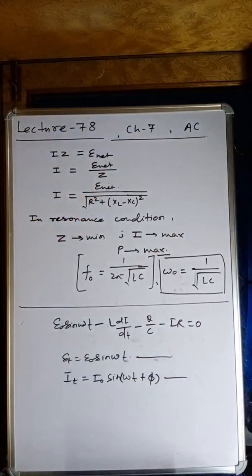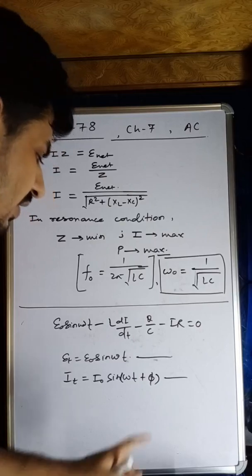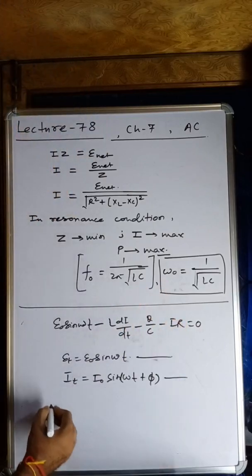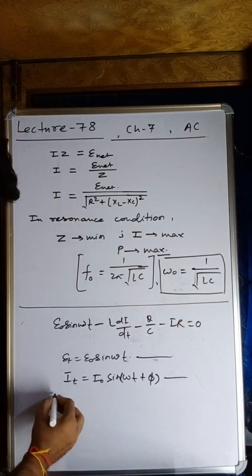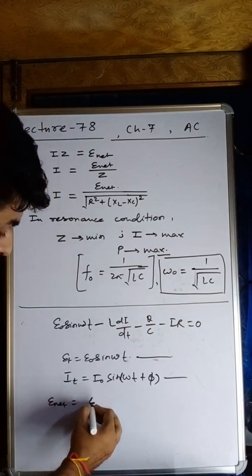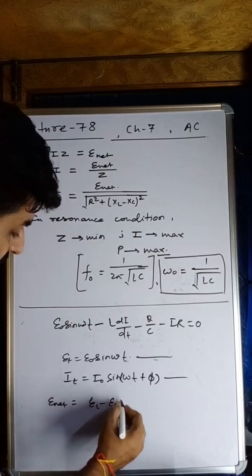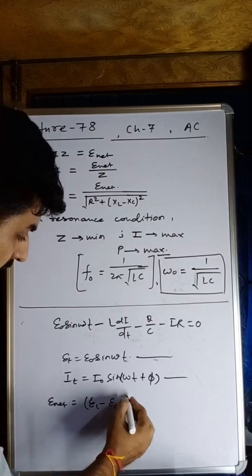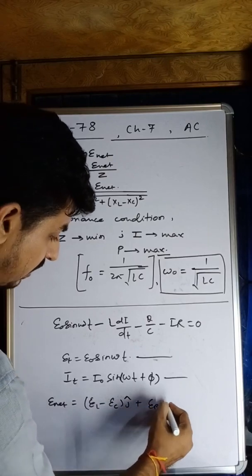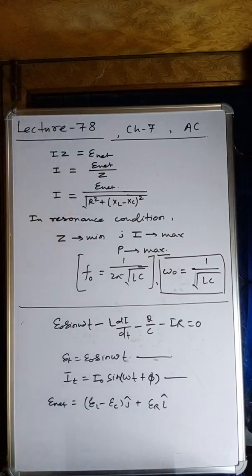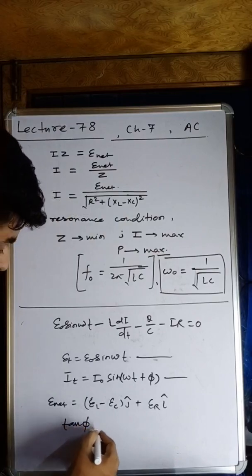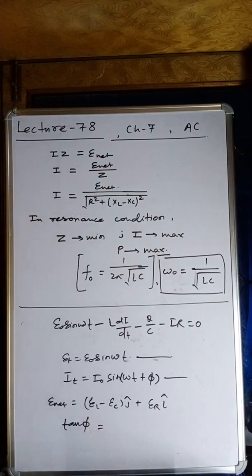You have to keep this in your mind, my dear students. Here the phi we can calculate. Try to recall, the net voltage we have is (EL minus EC) J cap plus ER I cap. This was the equation we have. So tan phi, how much can we write?